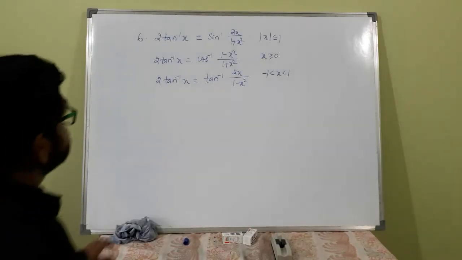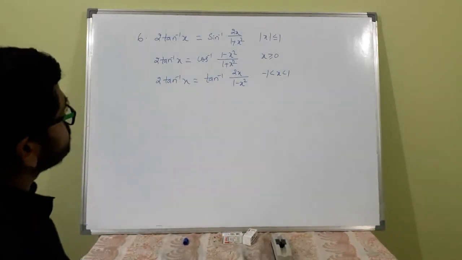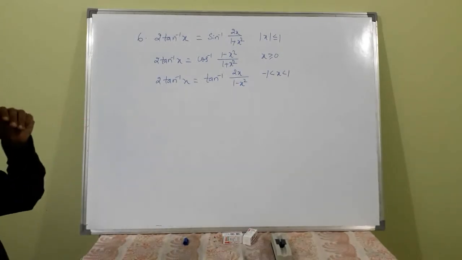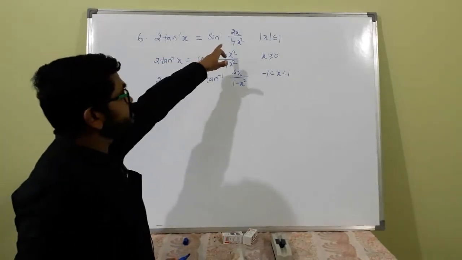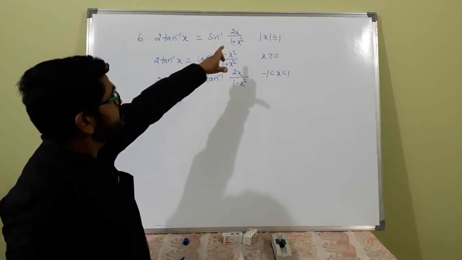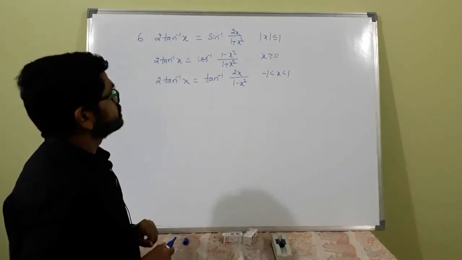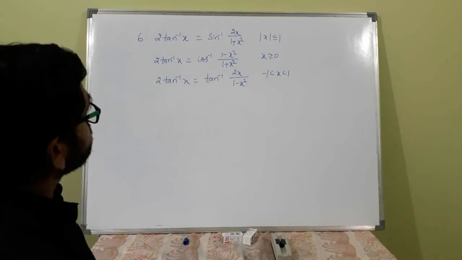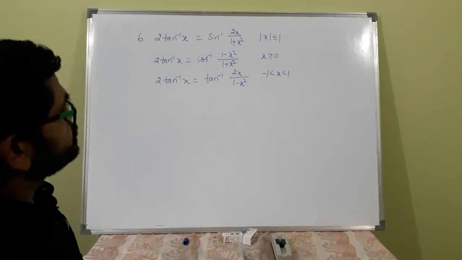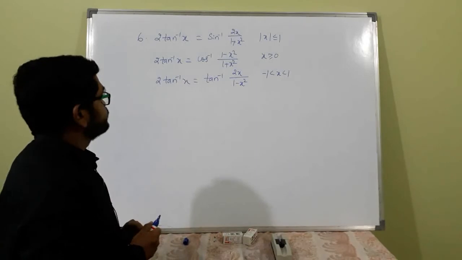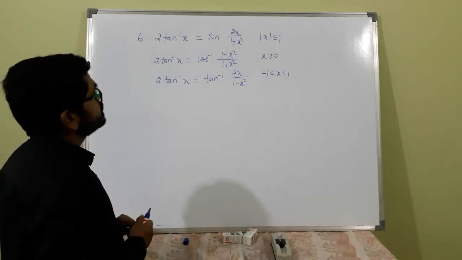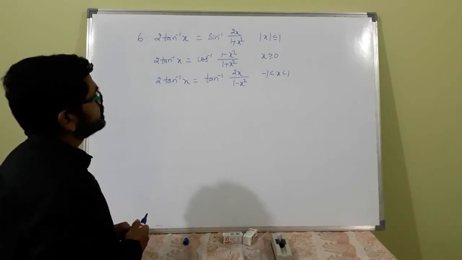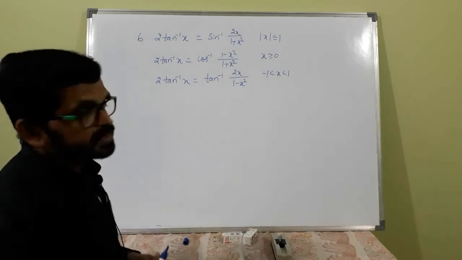So this is another set of results. This is also very important: 2 tan inverse x is equal to sin inverse of 2x by (1 plus x squared), or this is same as cos inverse of (1 minus x squared) divided by (1 plus x squared), or tan inverse of 2x divided by (1 minus x squared).